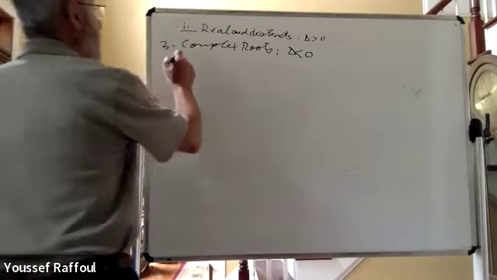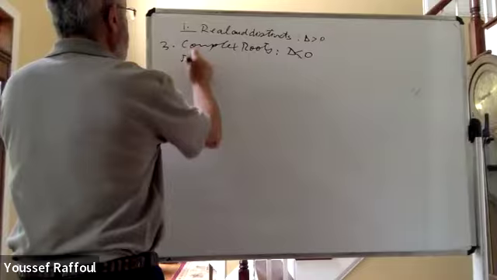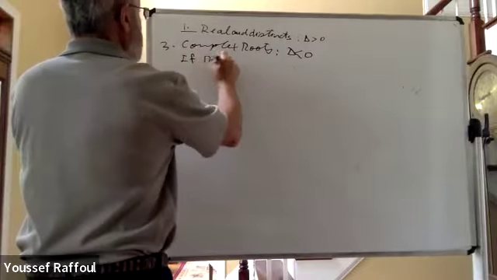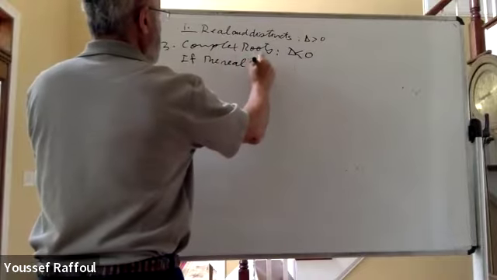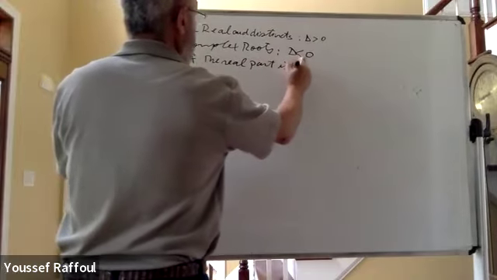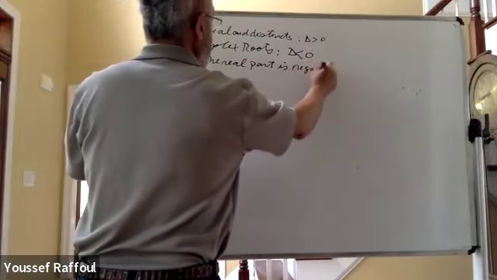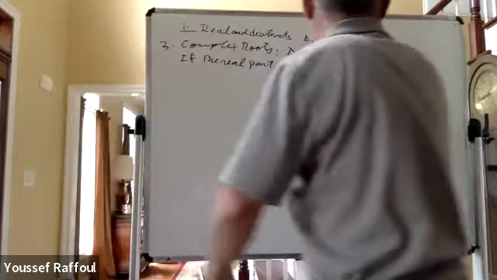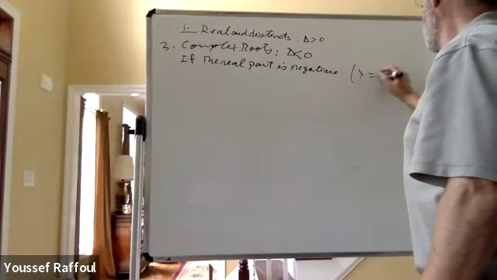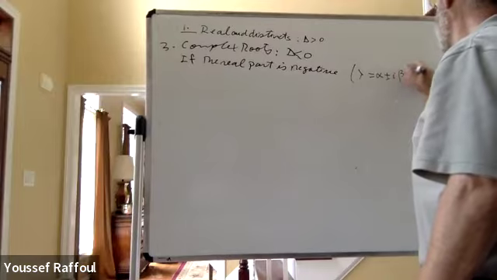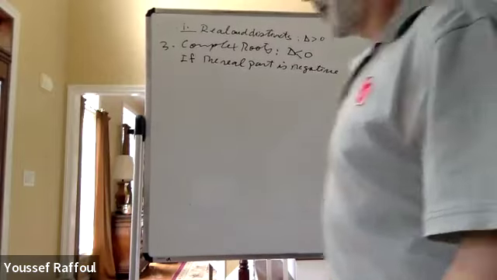If the real part is negative, so basically you're going to get lambda equal to alpha plus minus i beta.